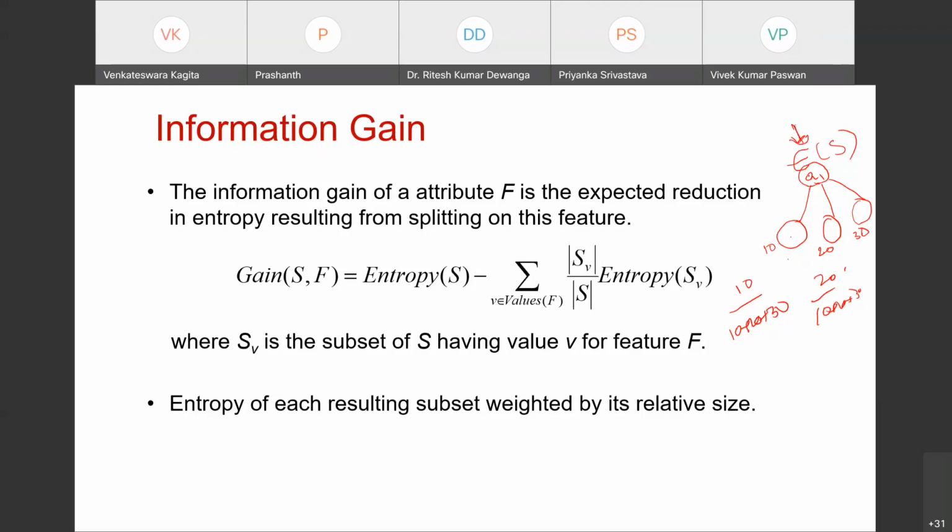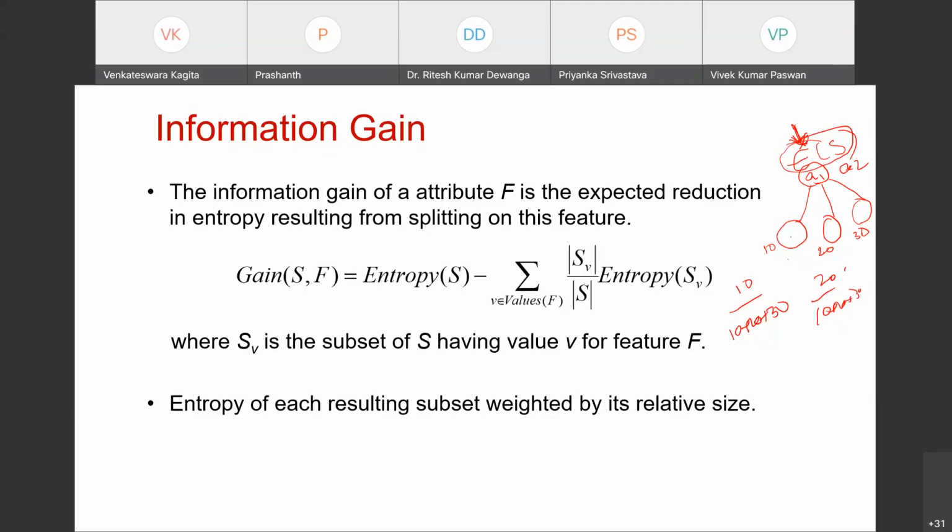Then split based on A1 and compute the entropy, split based on A2 and compute the entropy, and so on. Whichever attribute reduces the impurity more is the best attribute. This reduction in impurity is measured using gain.